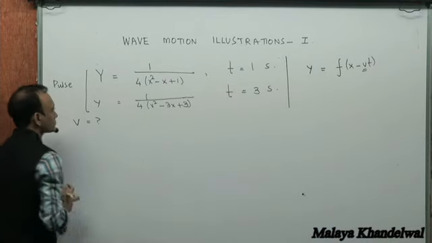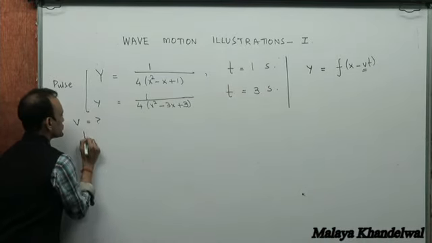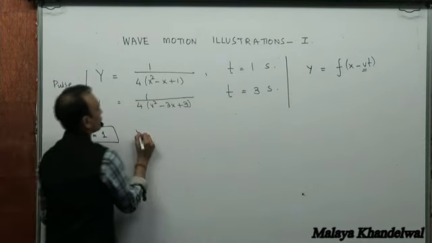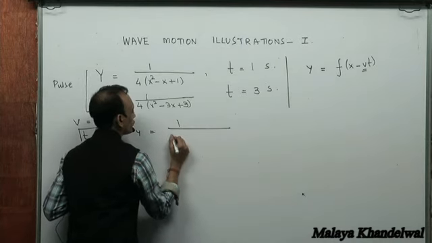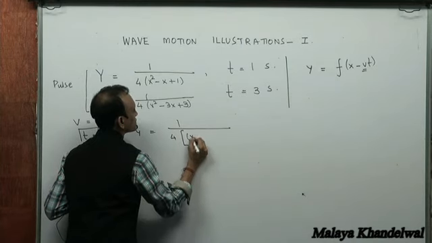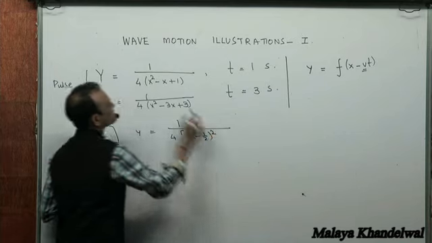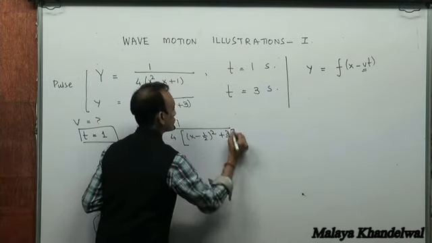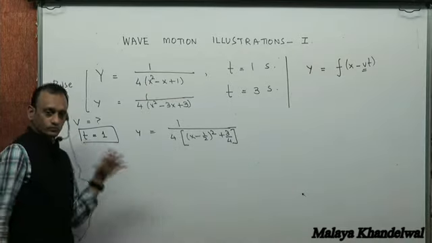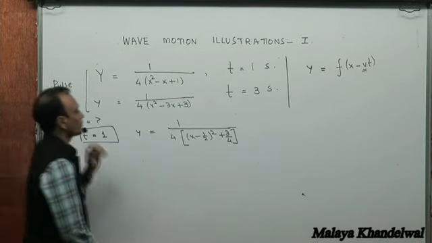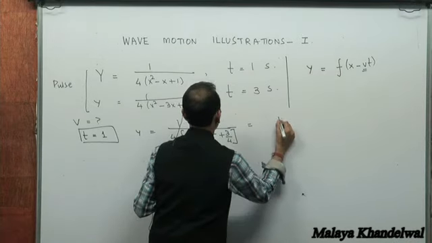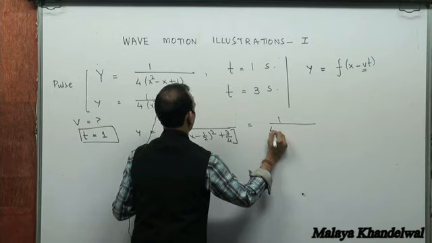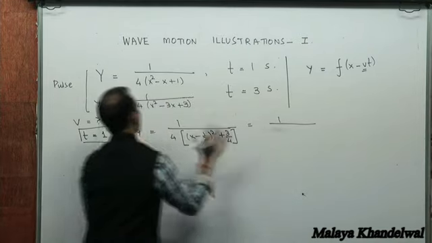Okay. Let's start to simplify. So at t equal to 1 second, y would be 1 by 4 into (x minus half) whole square plus 3 by 4. I can leave it like this only, right?